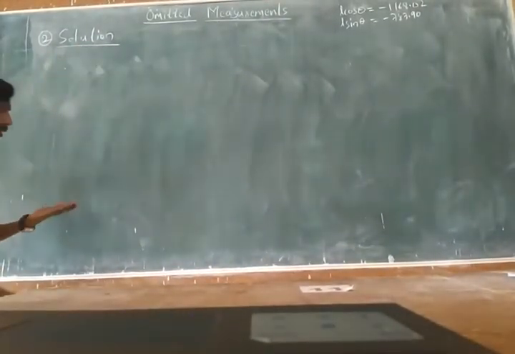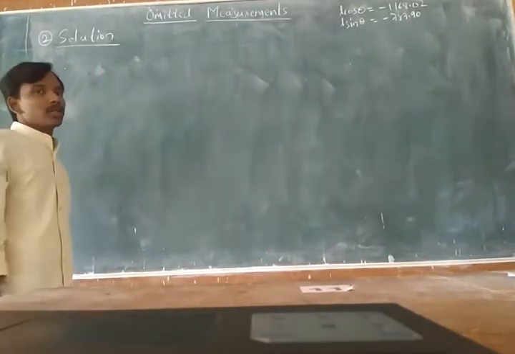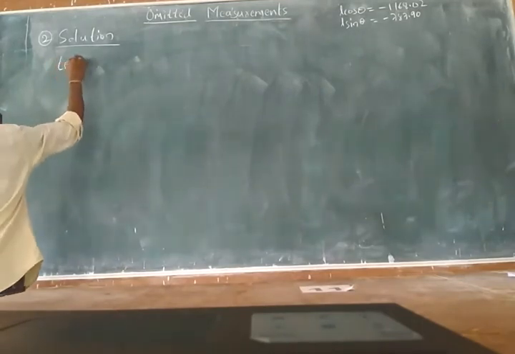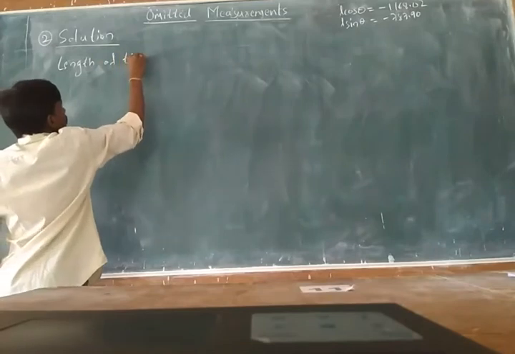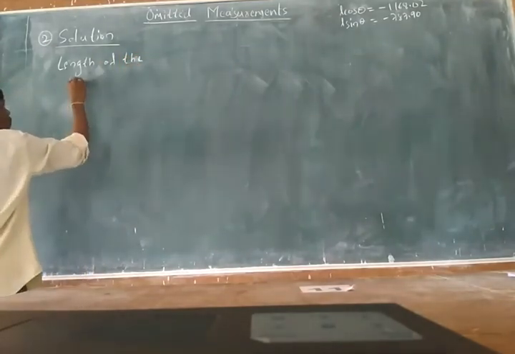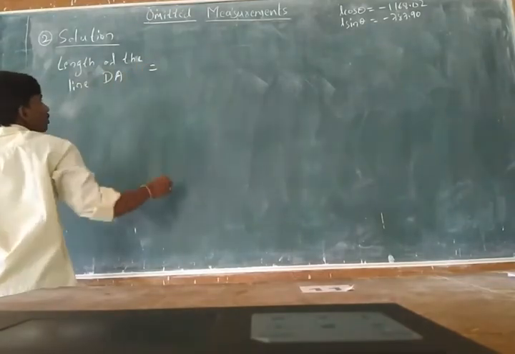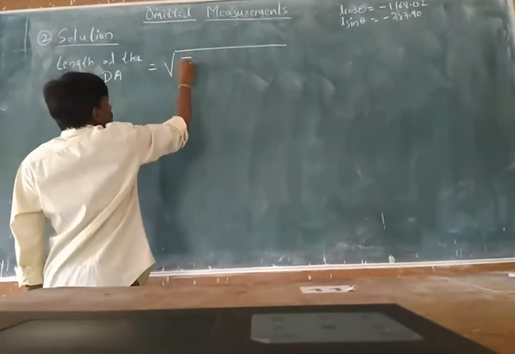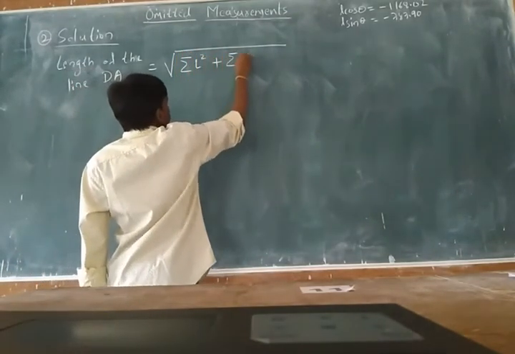See, now we know the latitude and departure of dA. Now we have to calculate the length. Length of the line dA is equal to square root of summation of latitude square plus summation of departure square.